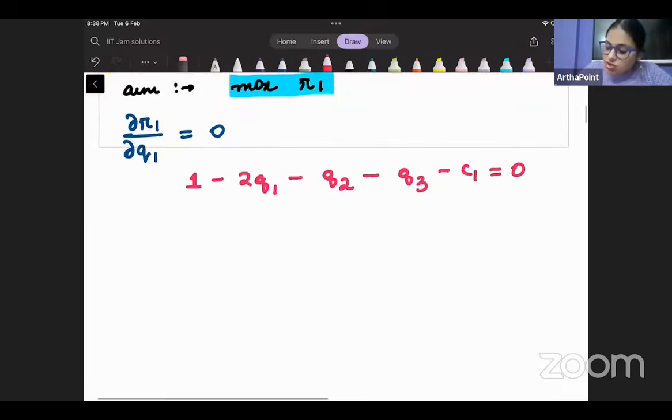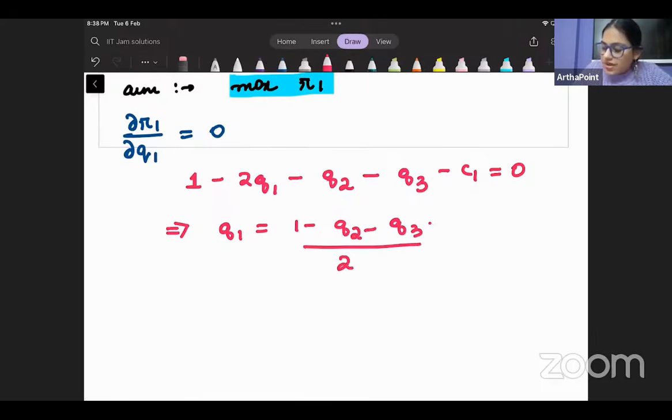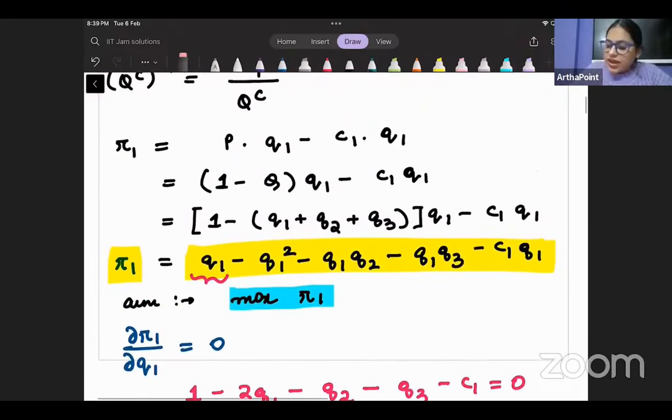So from here I will get Q1 equal to (1 minus Q2 minus Q3) by 2 minus C1 by 2. This is the value of Q1.